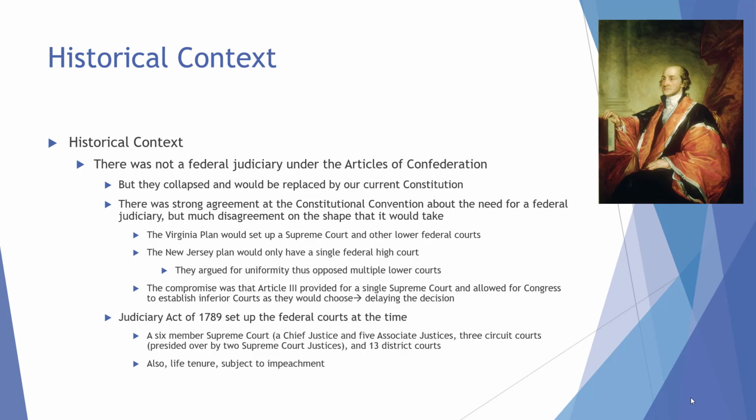So, we had very much a weak unitary federal government that was pretty much reliant on states. Then a number of folks decided that maybe we needed a new constitution. So, they started having these debates.